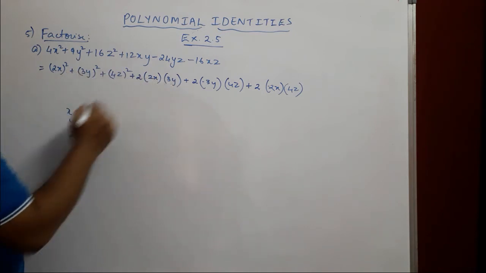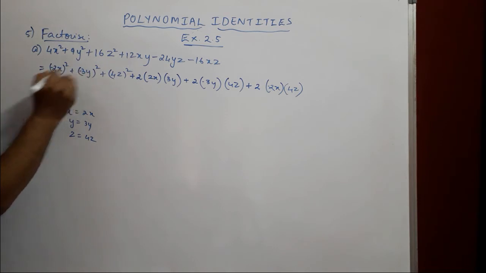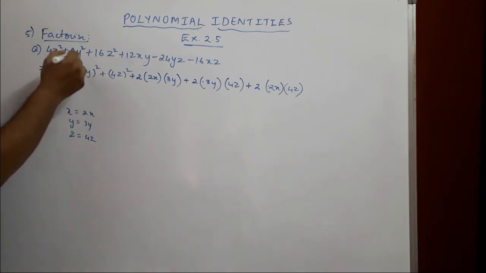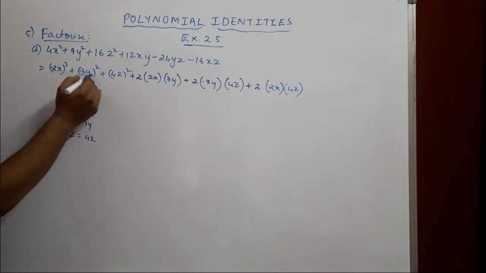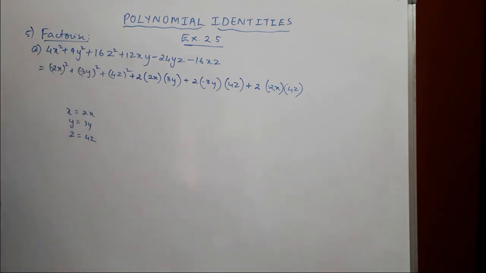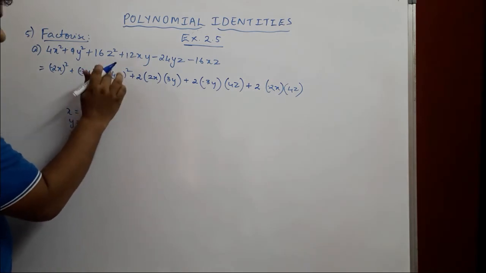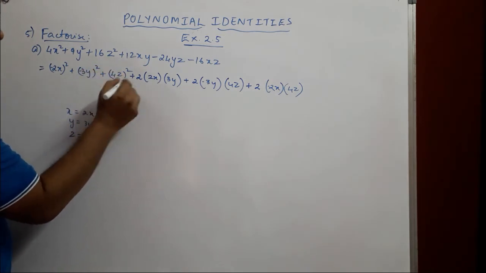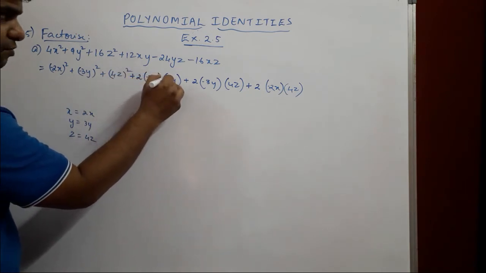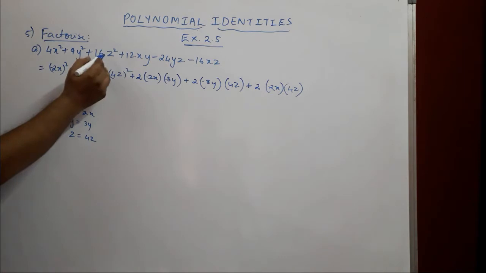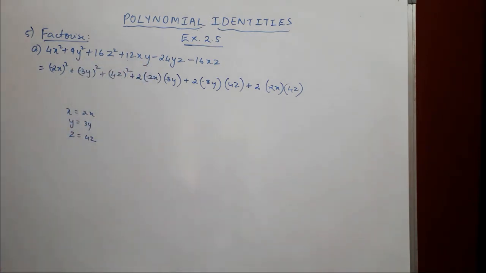x, y as positive. Because have a look, if we put minus over here and minus over here, minus 2x whole square will give us positive 4x square. Minus 3y whole square will also give us positive 9y square. But minus 2 into minus 2x into minus 3y will give us positive 12xy.